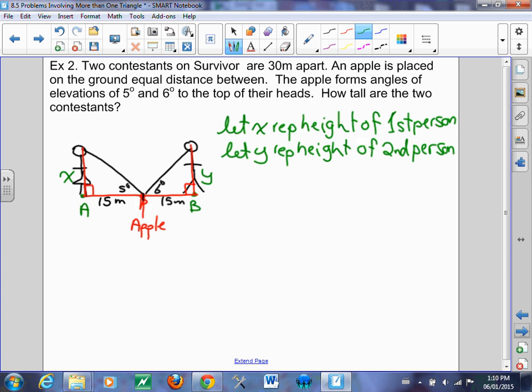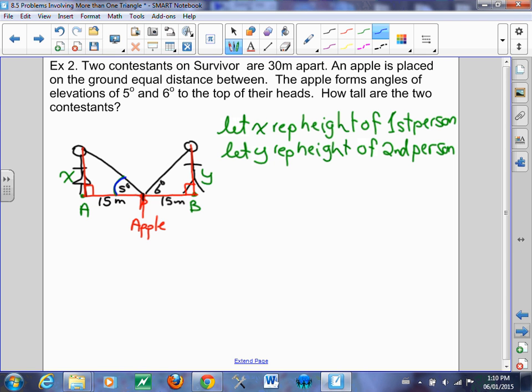All right, cool. So ladies and gentlemen, each triangle we have an angle of reference. So we've got to figure out if we're looking to solve x first. We've got an angle of reference of 5 degrees. What two sides do we have? We have the opposite and we have the adjacent.